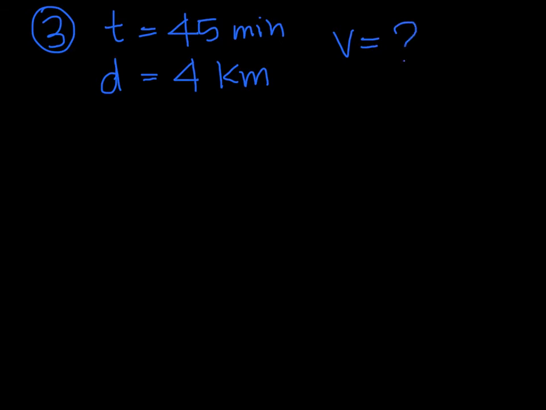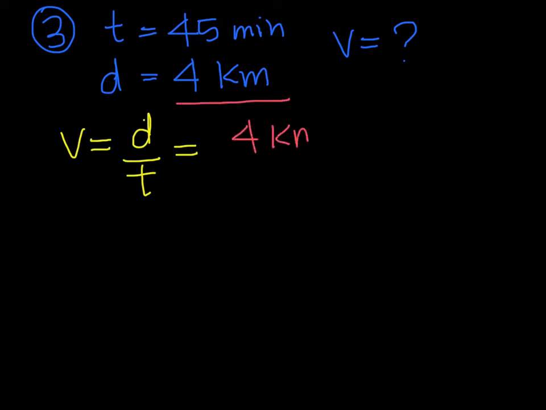So now I'm going to find my equation. Again, it's still the same. V equals distance divided by time. Distance divided by time equals velocity. So now what I'm going to do is substitute. So my distance is 4 kilometers divided by time is 45 minutes.